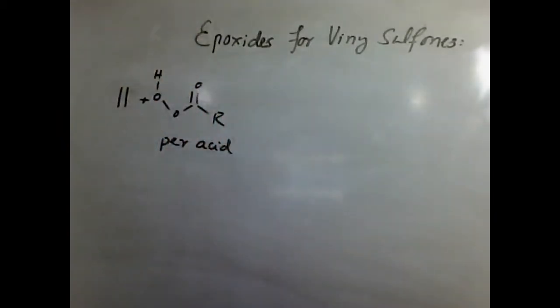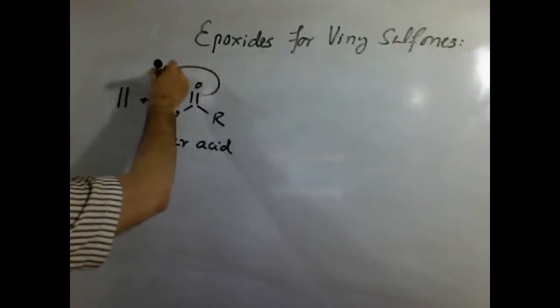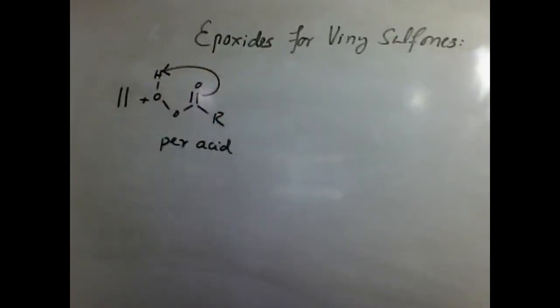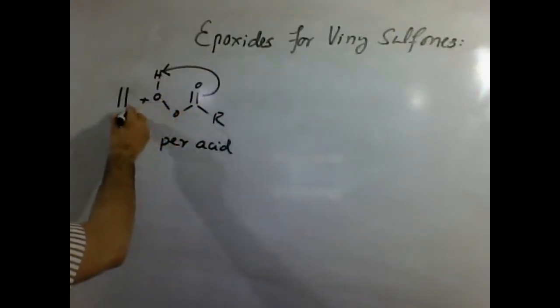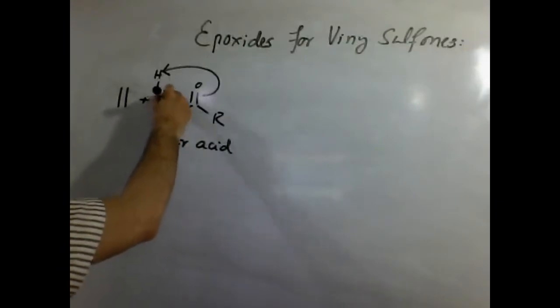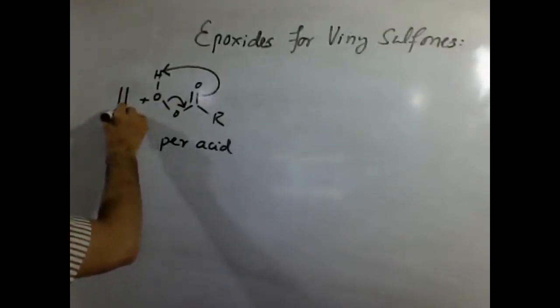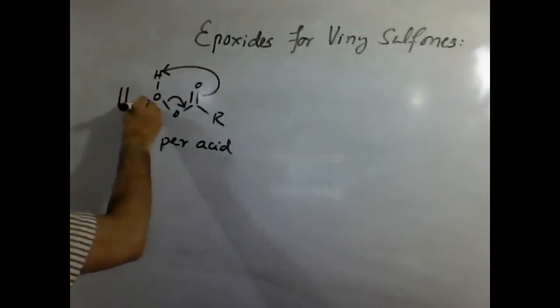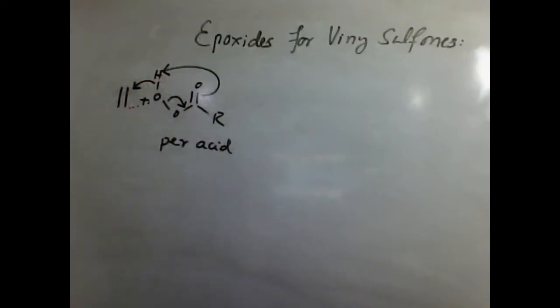So the per-acid reacts with the alkene, and what happens there is that it attracts this proton, this bond moves over here between carbon and oxygen, this bond moves towards oxygen, and then this bond moves towards carbon. So this is how the reaction takes place.